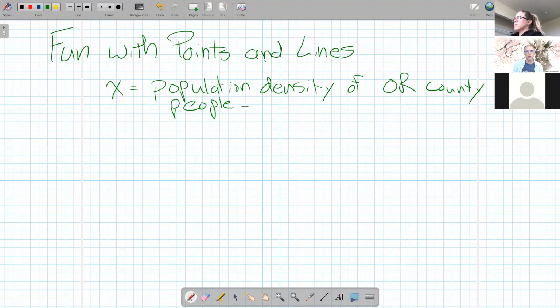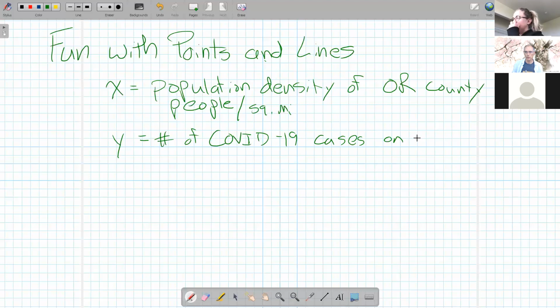What's it measured in? People per square mile. So make sure you write up what your variables mean. And then I would like Y to be number of COVID-19 cases on April 20th was the data set that I picked.